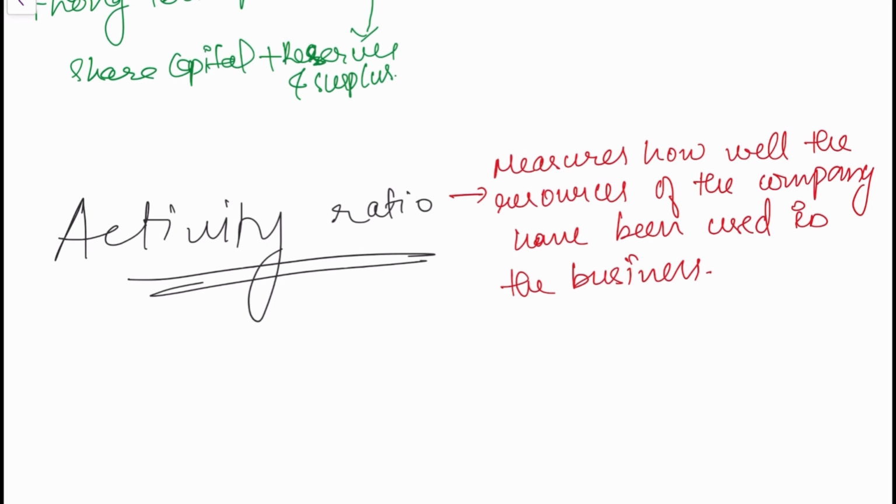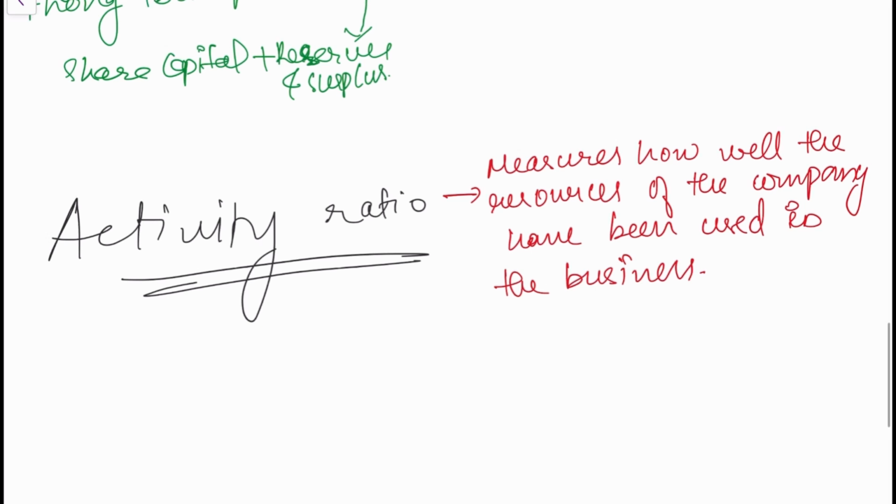Activity ratio measures how well the resources of the company have been used in the business. So how the resources are being used in the business, they will measure that. Activity ratio will measure that.